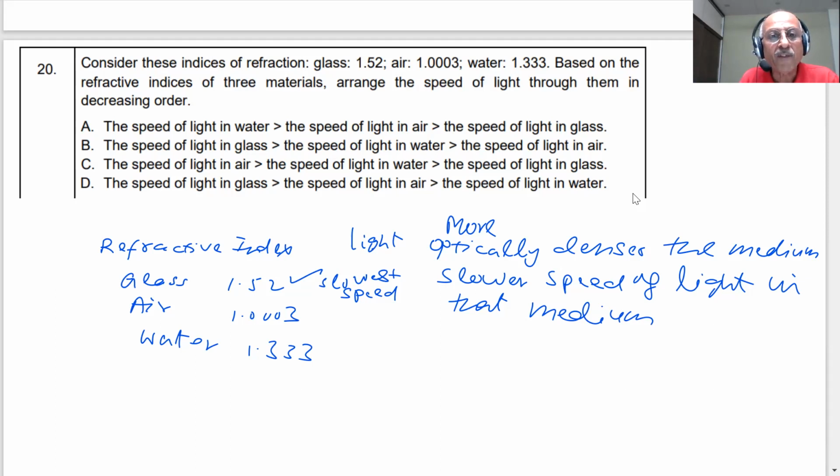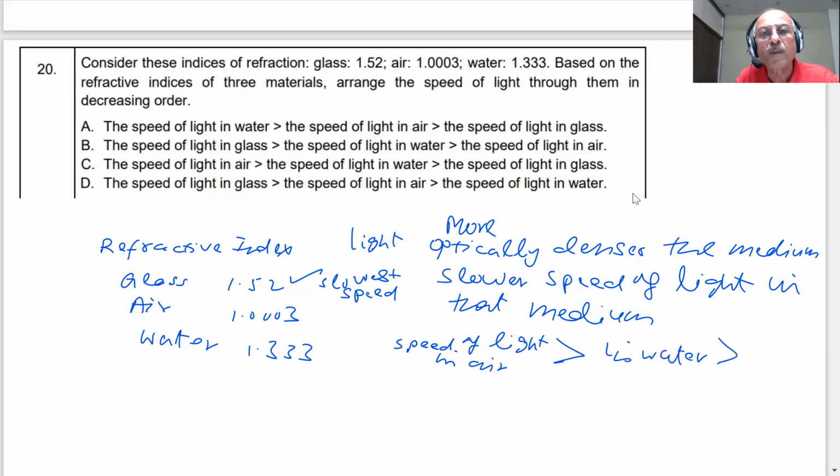So we can say, student, the speed of light in air will be more than in water, and will be more than in glass, because the optical density is increasing.